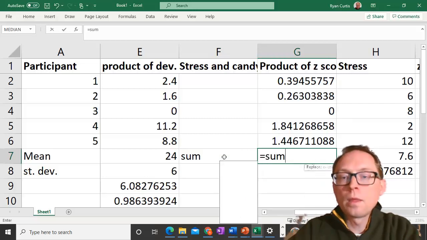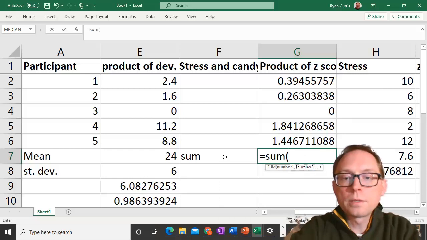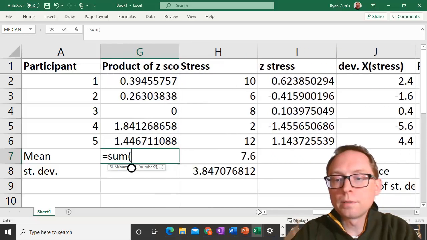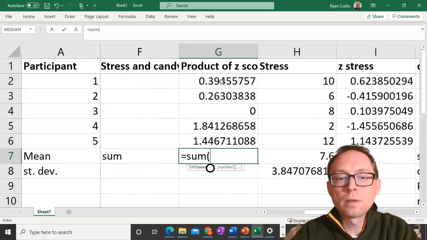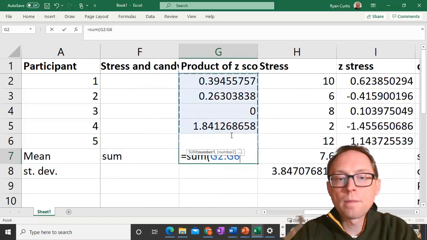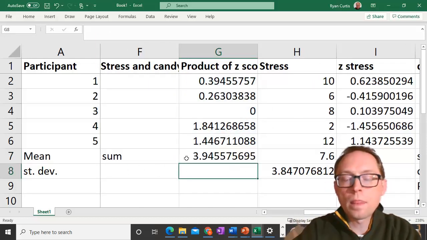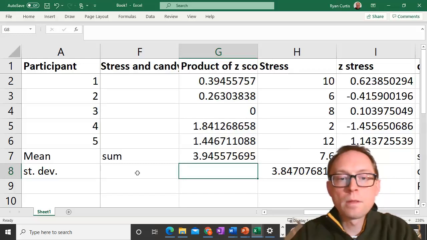move this over so I can make sure you can see. The sum of these is 3.945, whatever.